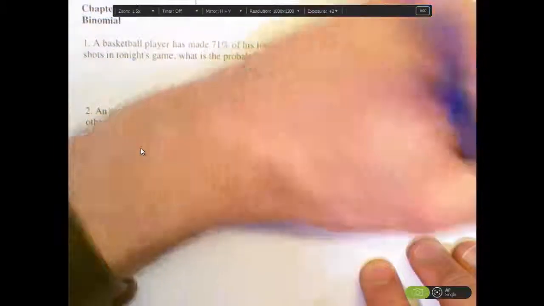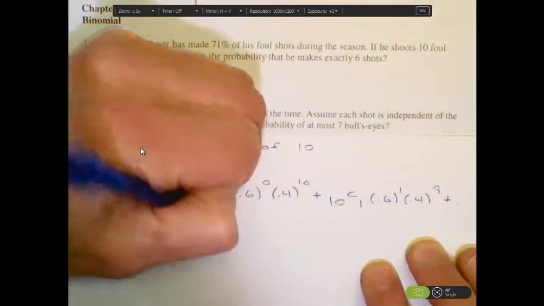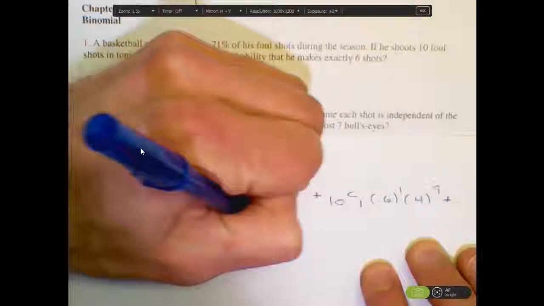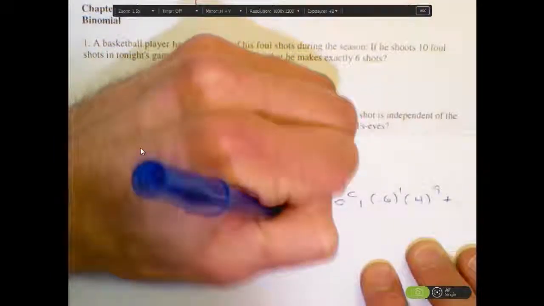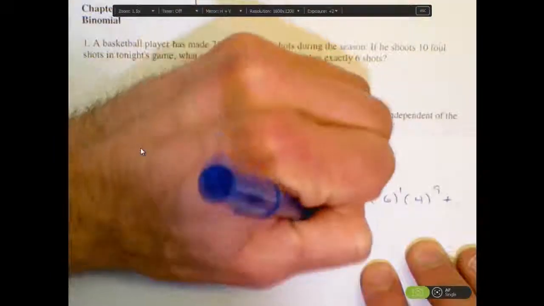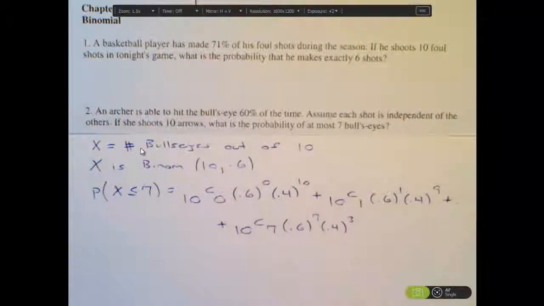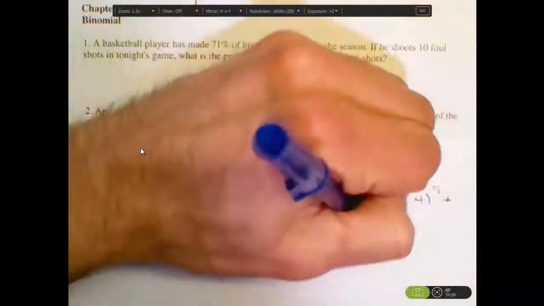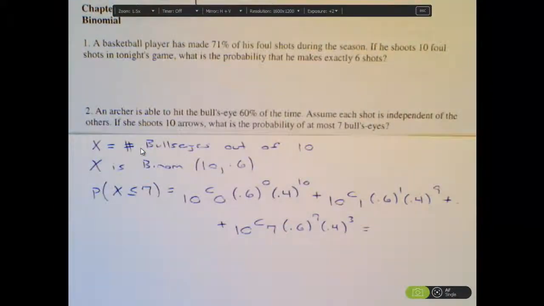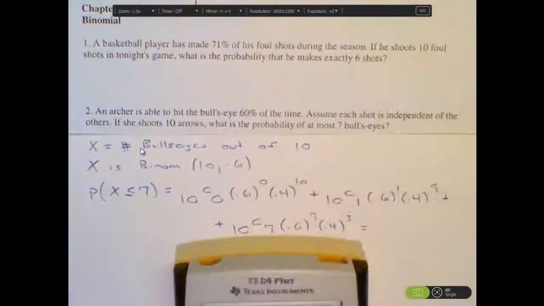Plus dot dot dot. Plus, then my last formula is going to be 10 choose 7, 0.6 to the 7th, 0.4 to the 3rd, equals.